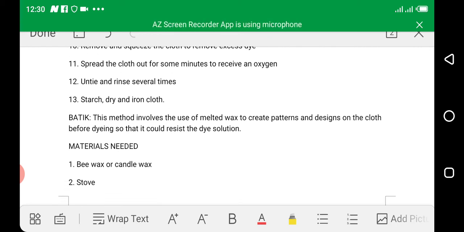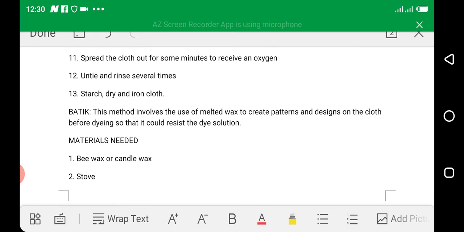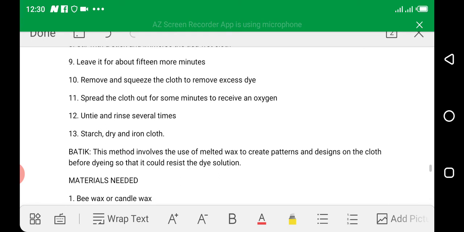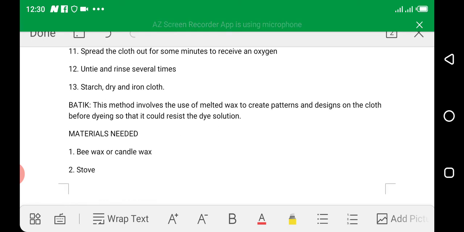Starch, dry and iron. Majorly cotton fabrics are used for dyeing. So you starch it, you dry, and you iron accordingly. That is for tie and dye. I'm sure we're following it.